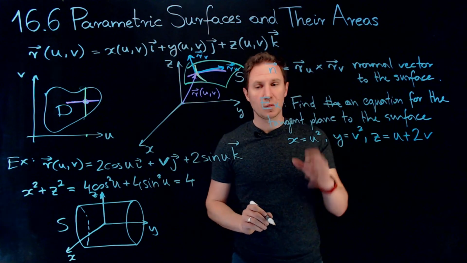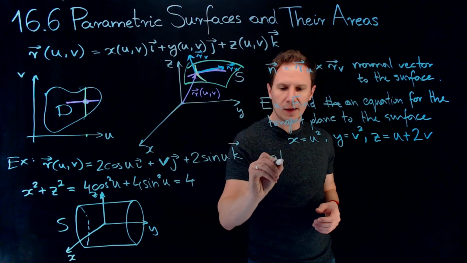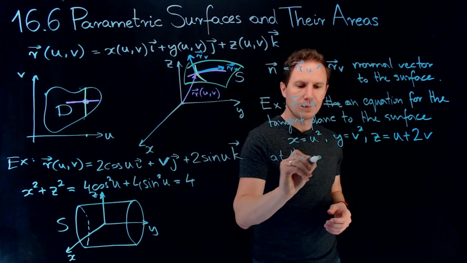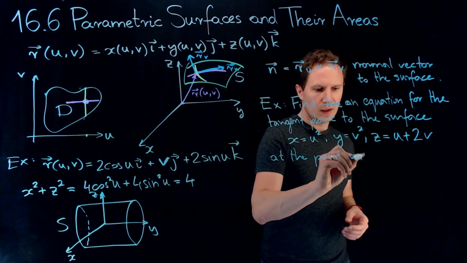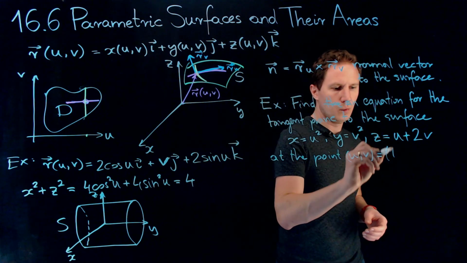And the tangent plane should be found at the point where u and v are equal to 1, 1.